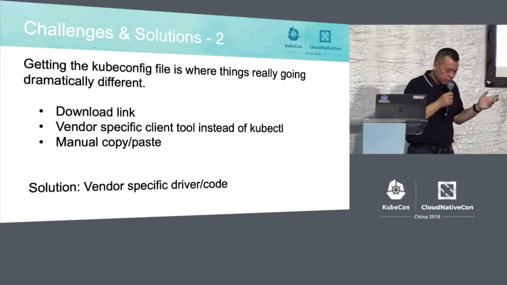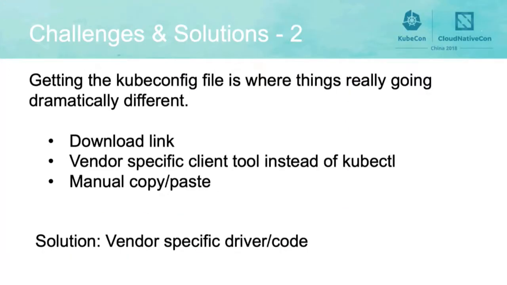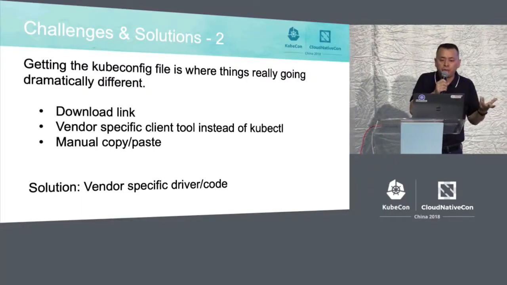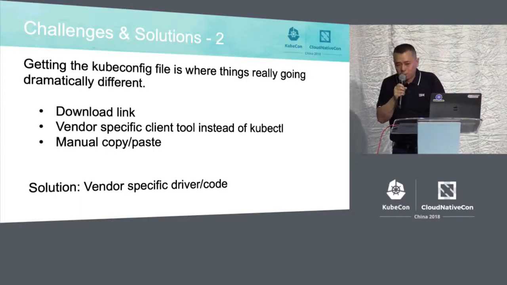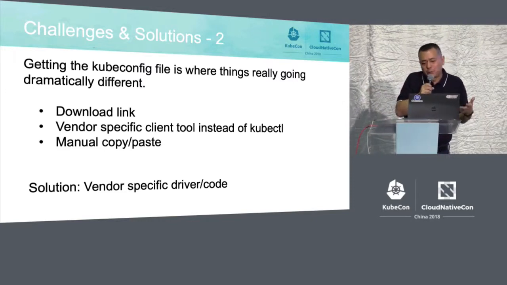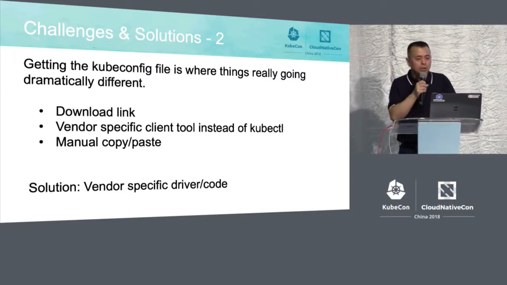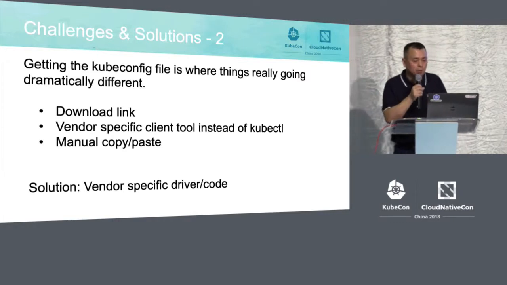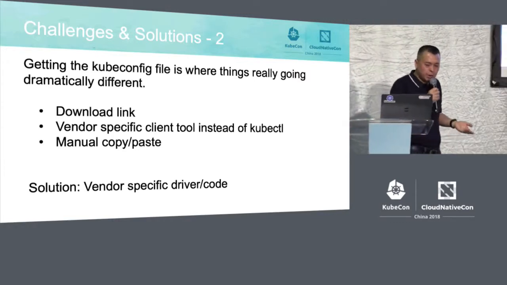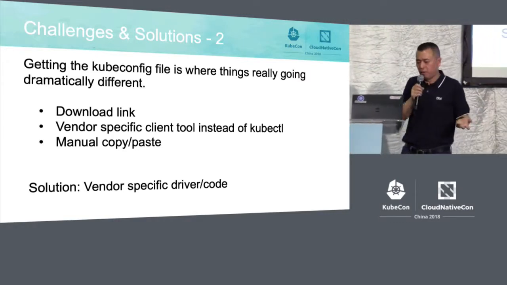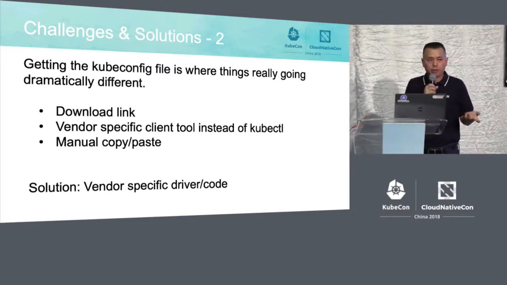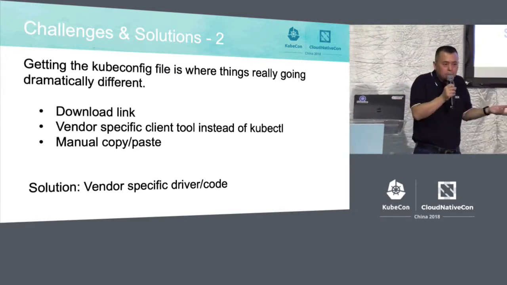So now, let's say you have a Kubernetes cluster, and you want to do things. Normally, as a developer, of course, you can use the dashboard, but most of the time you probably want to use kubectl. To do that, you will need the kubeconfig file. You think, well, that's just one file, what's the big deal?